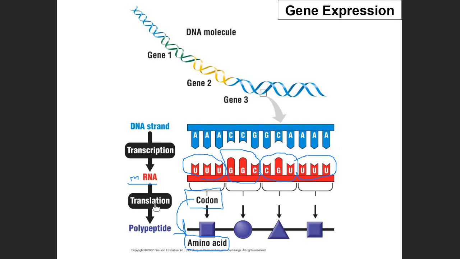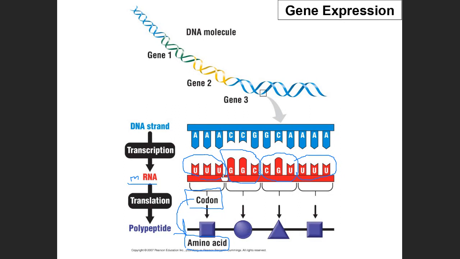So what they're trying to show you here is that during translation, the genetic information in mRNA is coded. It comes in the form of base triplets called codons. Each codon codes for a specific amino acid. Thus, they show you 3 different shapes and then another shape that's a square.